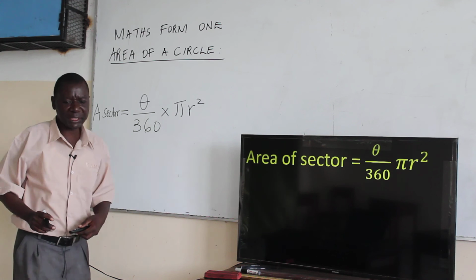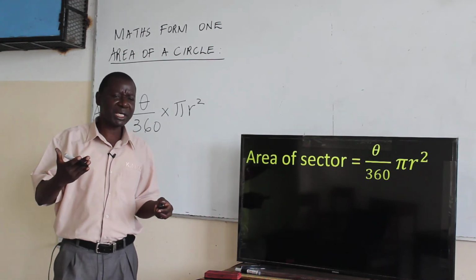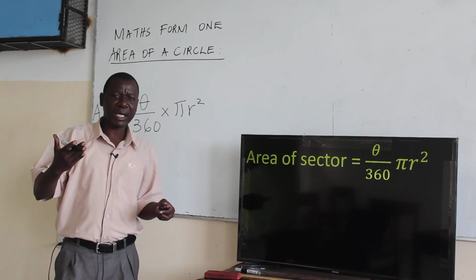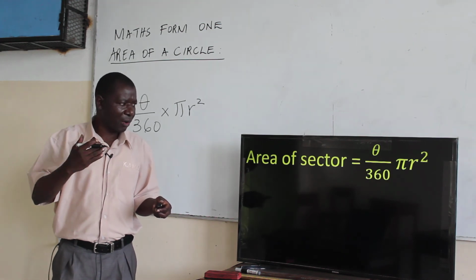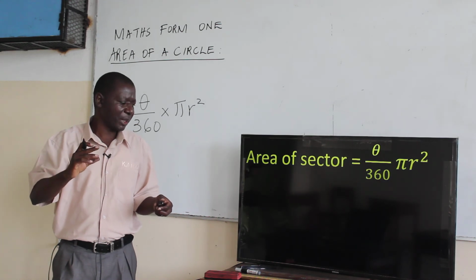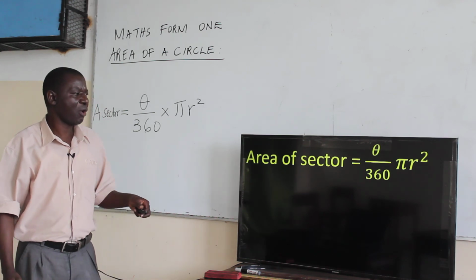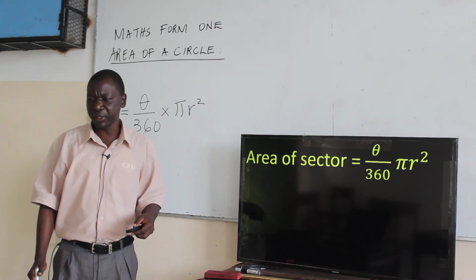First of all, we need to know the angle that makes the fraction of that particular circle. Then we multiply by the whole area of the circle.